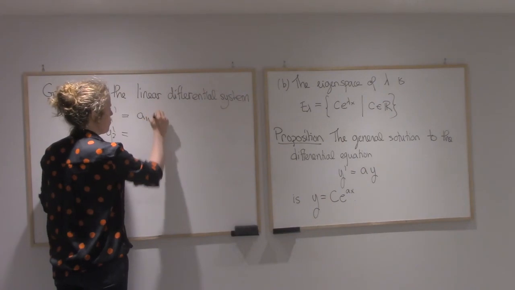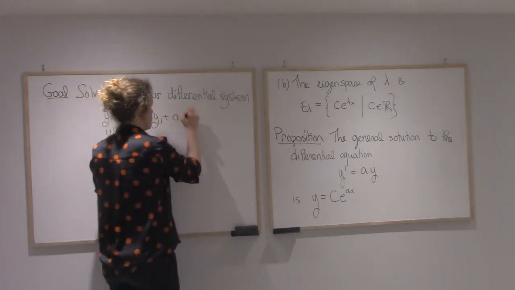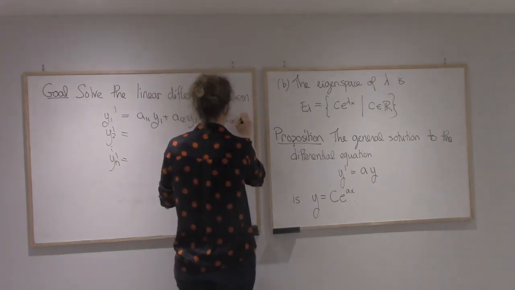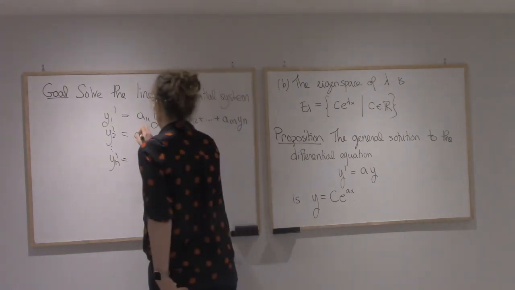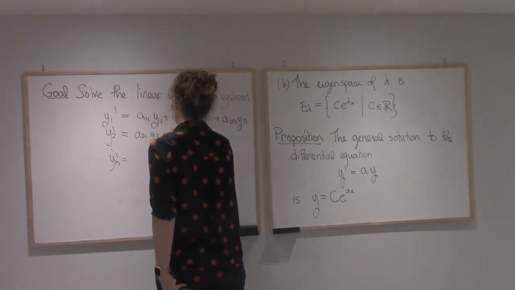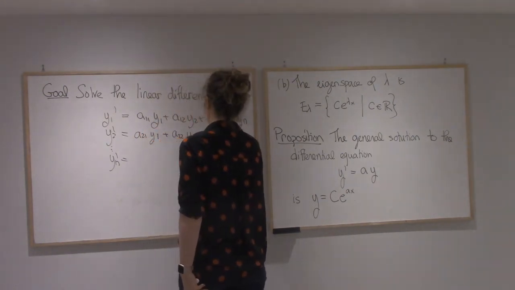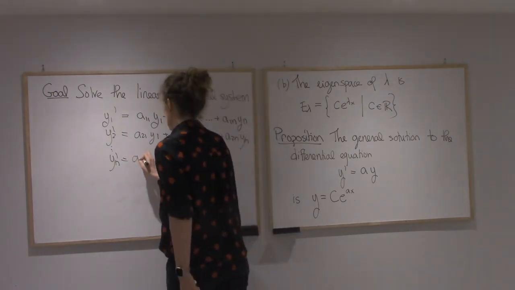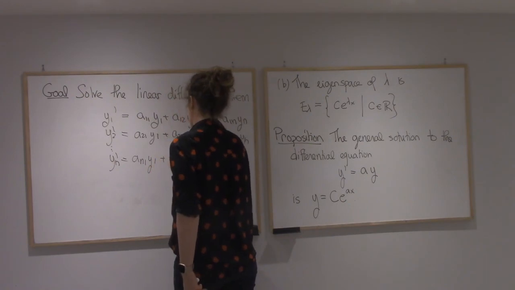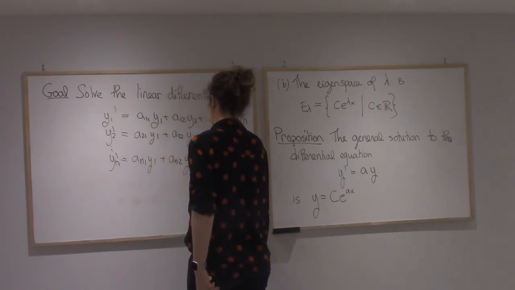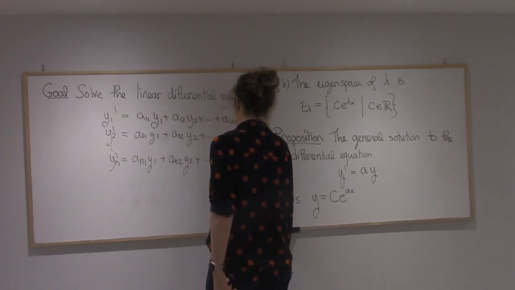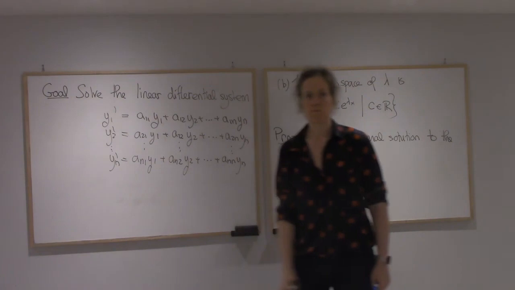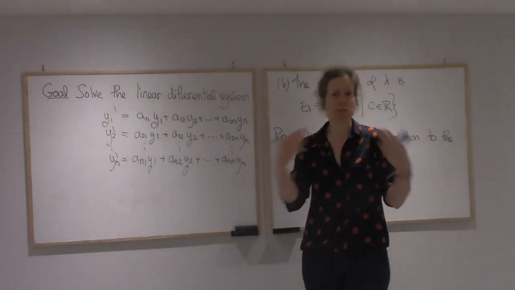So a11 y1 plus a12 y2 plus a1n yn, and so on. a21 y1 plus a22 y2 plus and so on. In this case, all the aij's are just numbers.